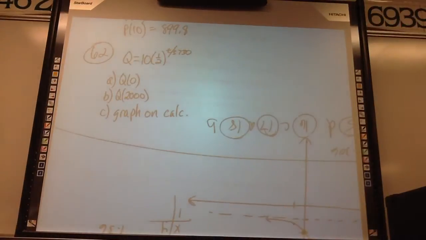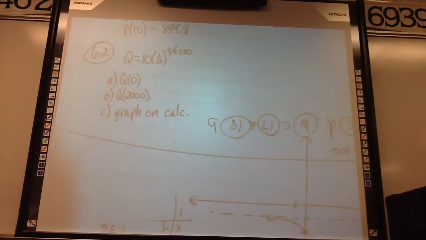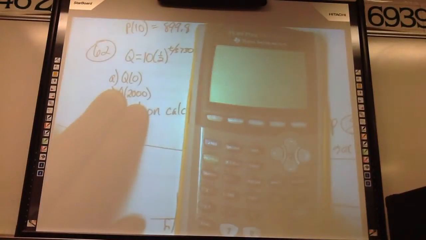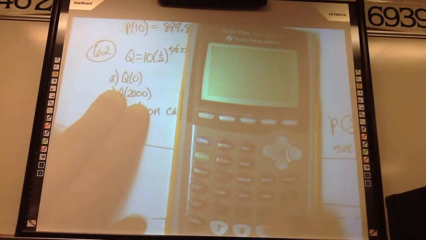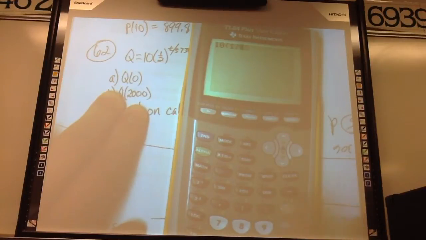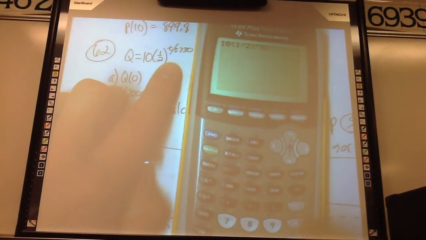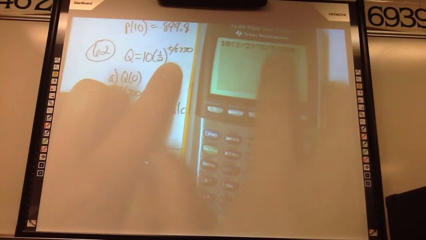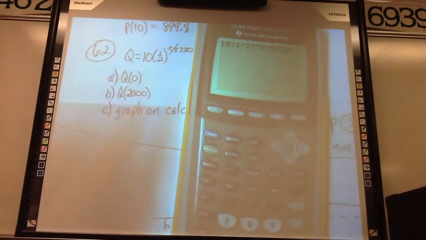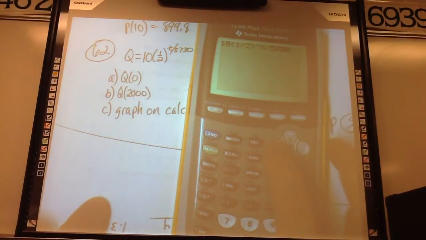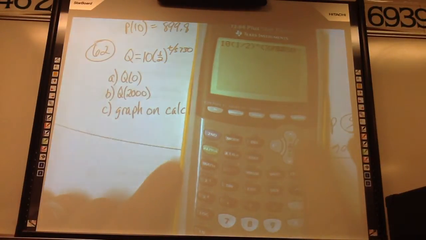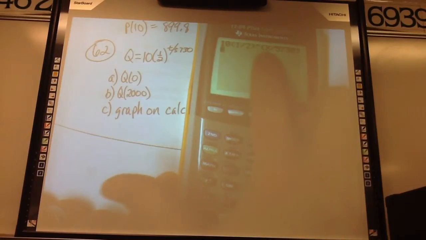If you put 10 times 1/2 to the X, it'll do the power of X first and then divide the whole thing by 5730. You don't want that. You need parentheses around it so it does 1/2 to that whole power.